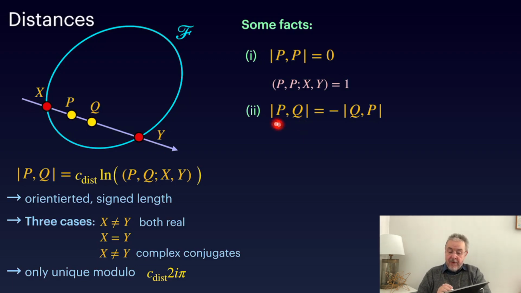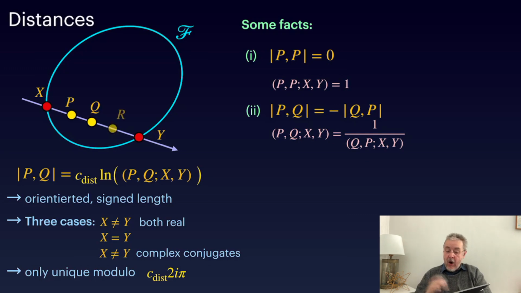So if you reverse the order of p and q, what you will get is the negative distance. And again, this directly comes from multiplicativity of the cross ratio, because if you interchange p and q in your formula, you get the inverse of the cross ratio, and getting the inverses corresponds to negatives if you take the logarithm.